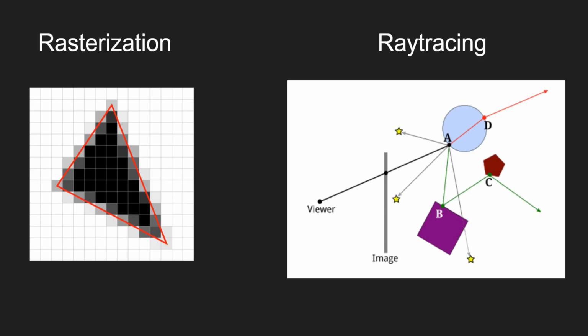A ray tracer, on the other hand, and path tracing, like Cycles is a path tracer. Path tracing is just an advanced version of ray tracing, but it uses much of the same principles. So ray tracing instead actually shoots rays from the virtual camera, in this picture here noted as the viewer, through our image plane, that's basically in front of the camera, that's how we take the virtual image, into the scene, and then sees which objects collide with that ray.